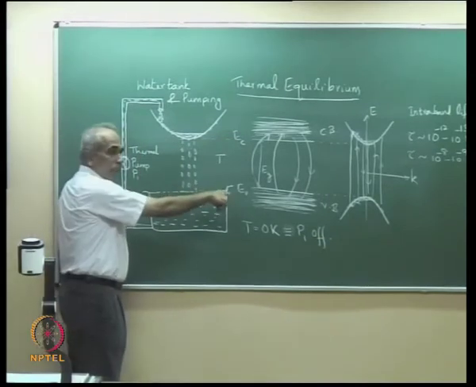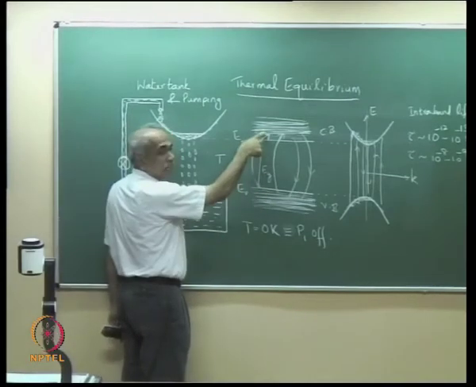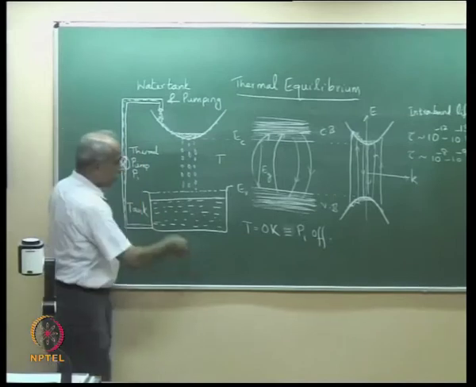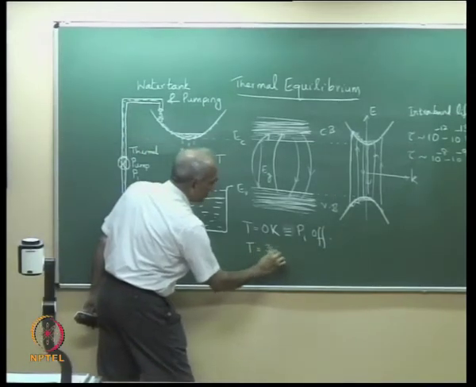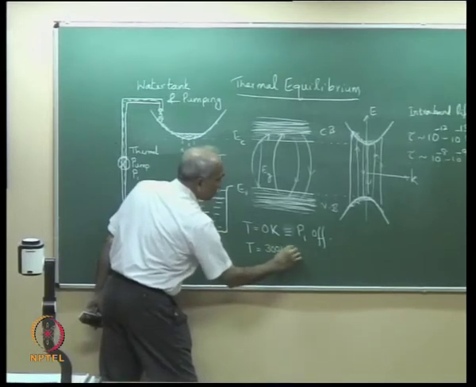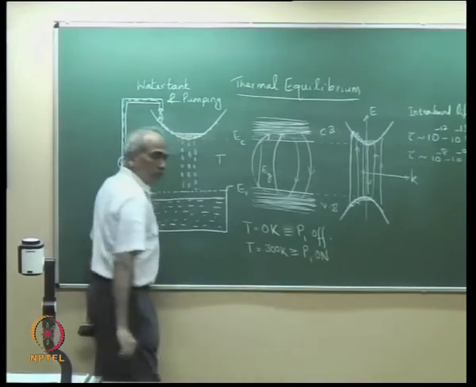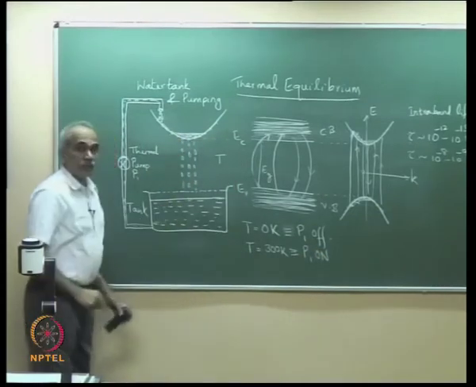This tank is completely full, this tank is completely empty. This band is completely full, this band is completely empty. You switch on the pump, so now we are at a finite temperature, let us say T equal to 300 K, which is equal to pump P1 on at some rate, and therefore you have some level which is a steady level.